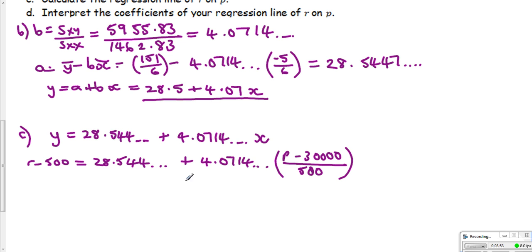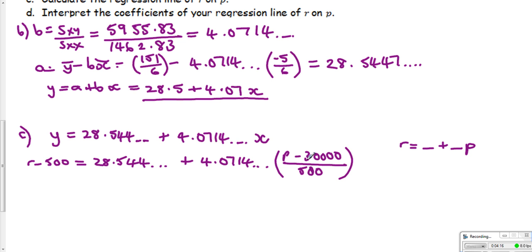What we need to do now is rearrange this, expand the brackets and so on, so that we get r equals a number plus a coefficient multiplied by p. So we really want r equals something plus a number of p. That's the format that we want it in. So we'll bring this 500 over onto this side.